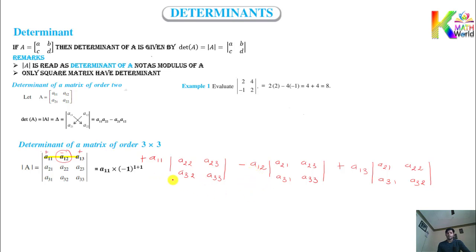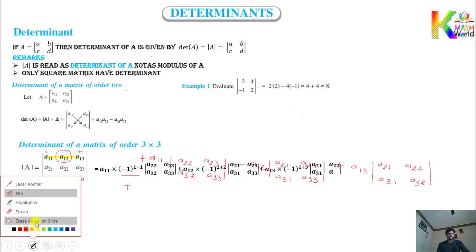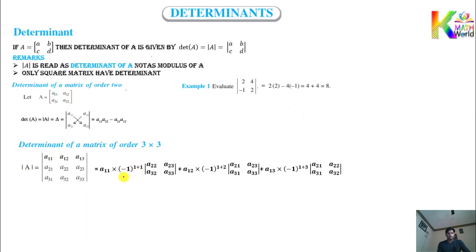You can see, whatever we discussed, no need to write this minus 1 raised to 1 plus 1, just put the plus sign. Same way here, minus 1 raised to 1 plus 2, that is the minus sign, and here plus. Whatever we discussed initially, plus minus plus, that thing is here.